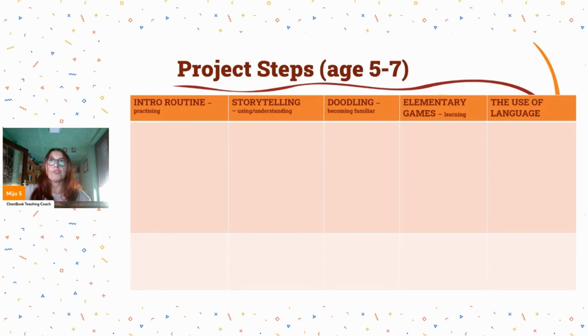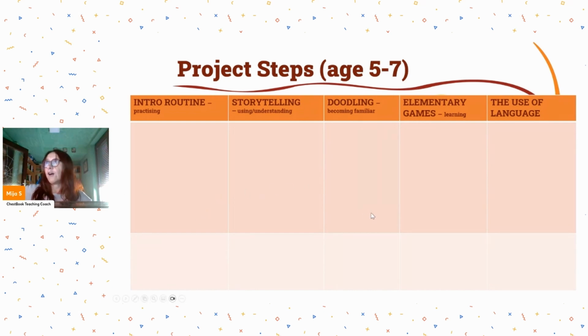This, what I have told you, is the way you present the project to children. However, the teacher's approach is not this way. And what we're going to do now is go through all these project steps in the way that the teacher needs to address them in order to know what to bring in front of the children.